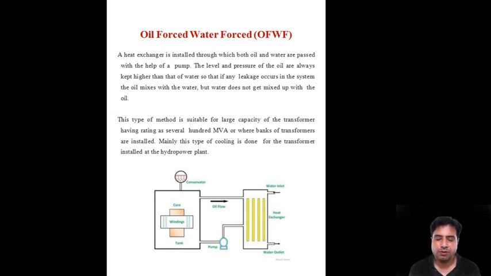So cold oil is introduced inside the transformer tank, and heated oil is continuously forced inside the heat exchanging unit. This is one of the most efficient means of cooling of transformers, and it can be employed for transformers rated up to several hundred MVAs.